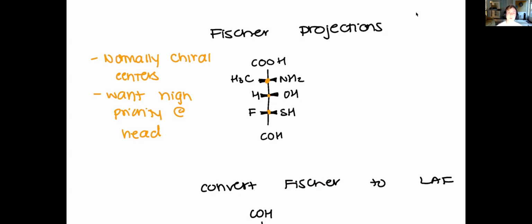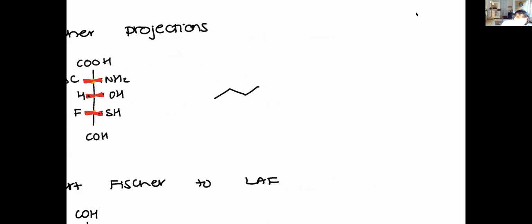With Newman projections, we normally take one perspective, but with Fischer projections, we are looking at the top and the bottom. Because if you can see here, when we have Fischer projections, whatever protrudes to the side is on wedges. So if we have a line angle representation, I'm not going to draw the one we have right there, just to make this go quicker.